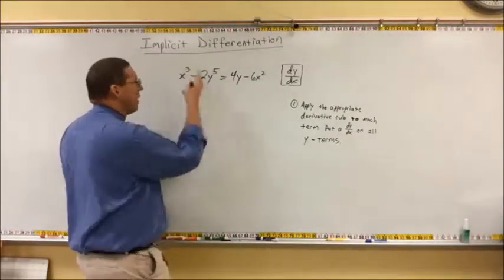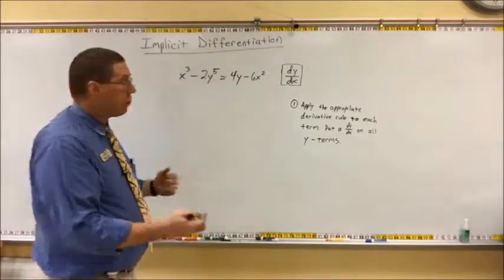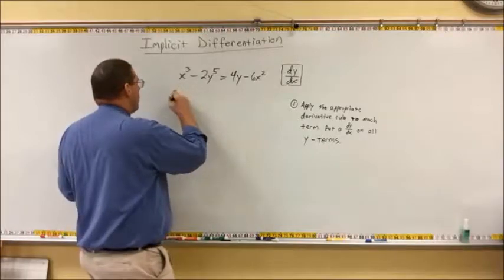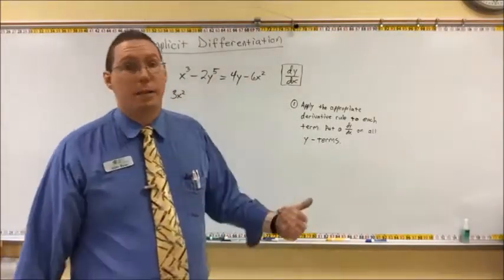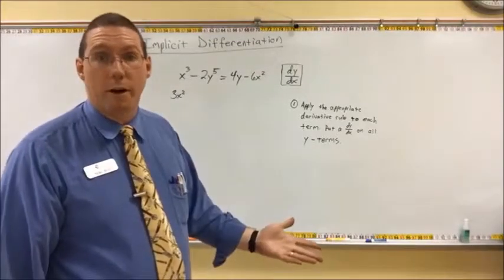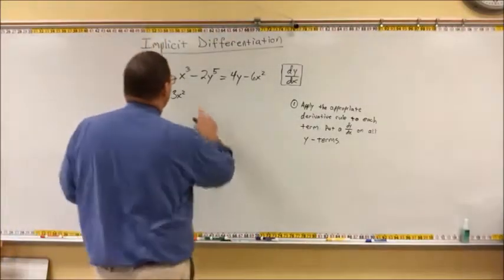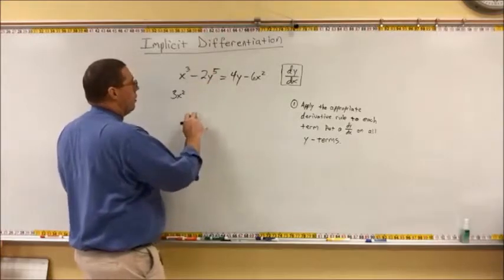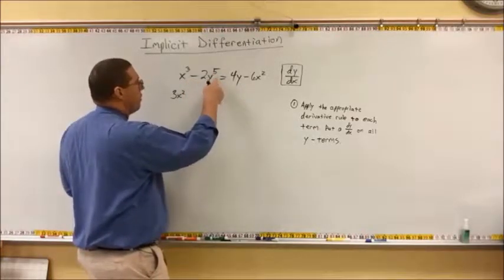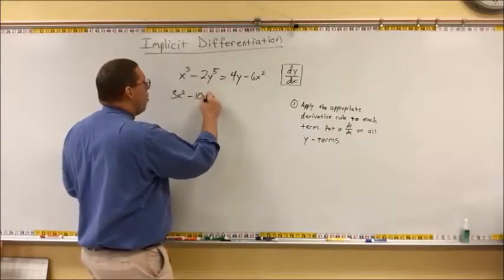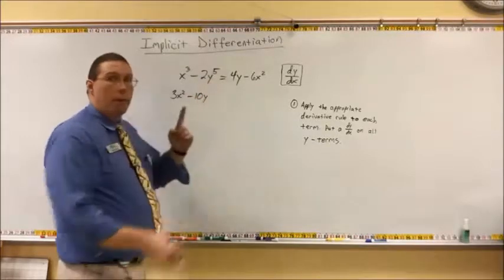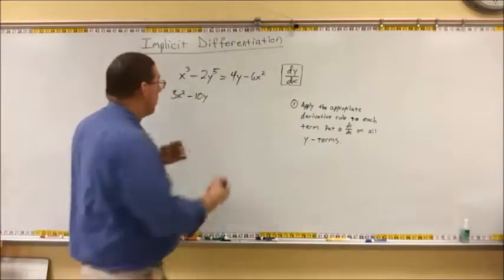What's the derivative of x to the 3rd power? It's 3x squared. 3x squared. But because it's an x term, we are not going to put a dy dx on it. Now let's do the derivative of negative 2y to the 5th. Well, the derivative of negative 2y to the 5th is we got to do the 5 times the negative 2, that's negative 10, y, and then reduce the power by 1, so it's y to the 4th, right?